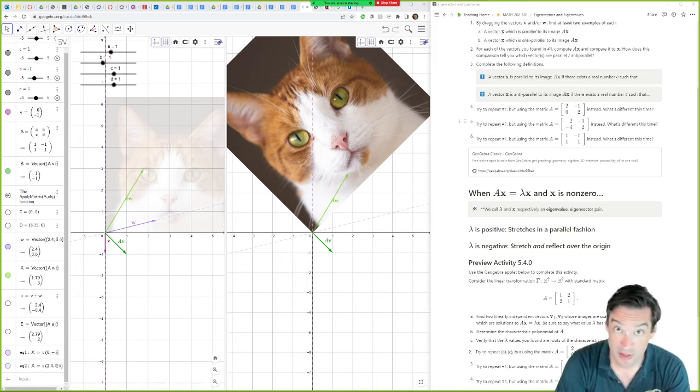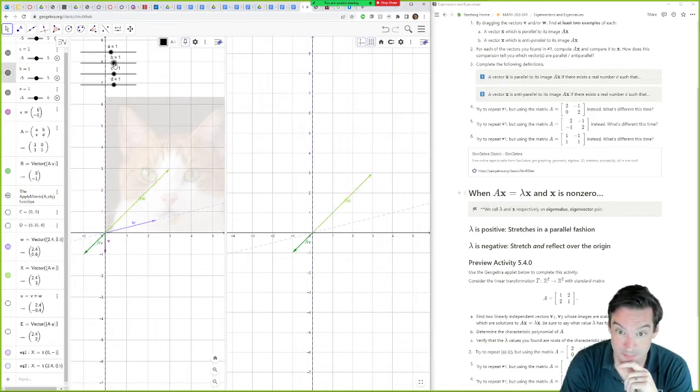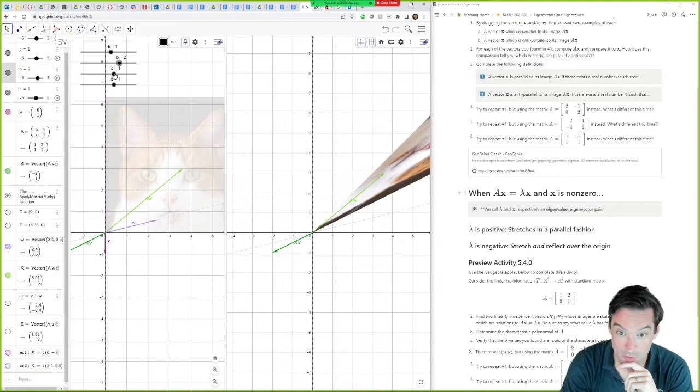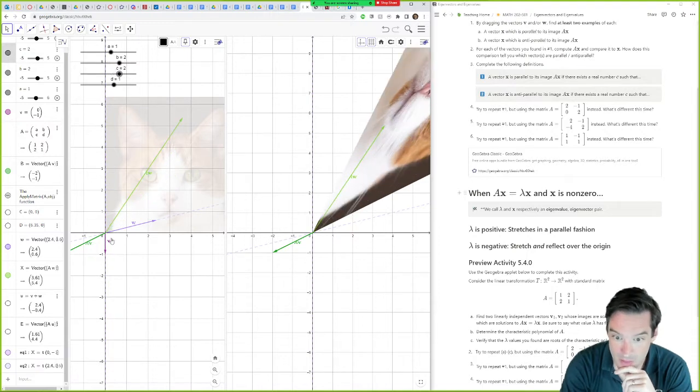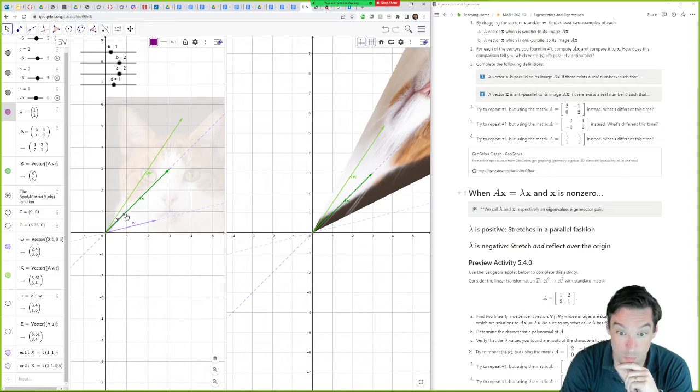By definition, an eigenvalue-eigenvector pair is a constant and a vector, a lambda and an x, for which A times x is equal to lambda times x, right? So coming back to some of the examples that we just looked at, in our original transformation 1, 2, 2, 1, we found that there was a direction, the direction of the vector 1, 1, where the image A times that vector is just parallel to the original vector.